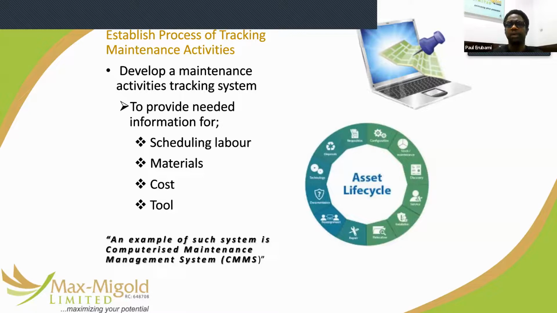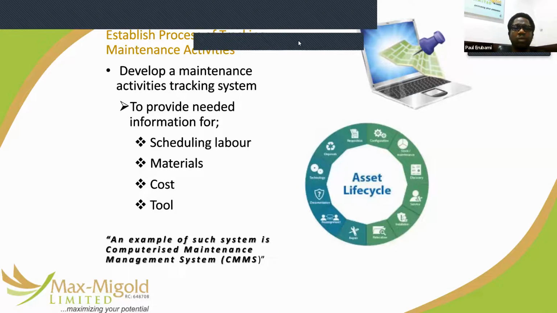But this activity of having a maintenance plan and a maintenance tracking system within that plan will ensure that we identify for every maintenance activity the hours or time it will take, the materials required, the cost, and the tools to execute that particular task itself.